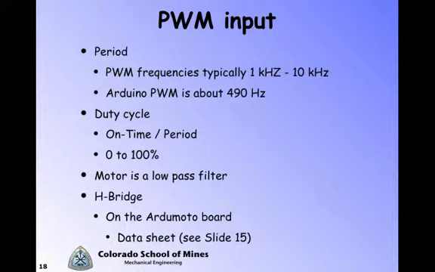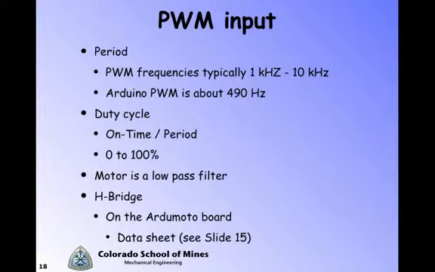The PWM approach really came out of digital electronics because it's very easy to turn things on and off, and we can effectively get this varying power setting by using the switching.